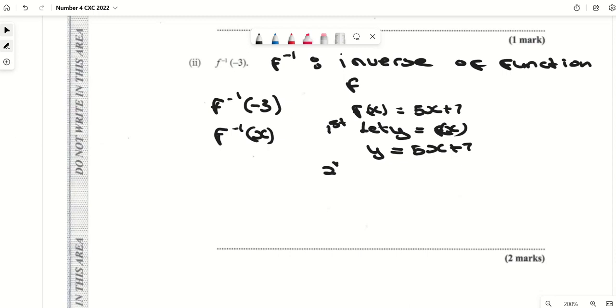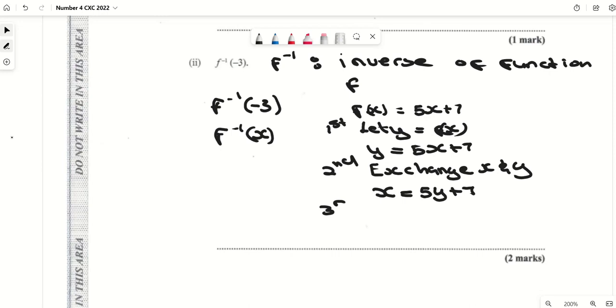The second step would be to exchange x and y. So wherever we see x, we're going to put y, and wherever we see y, we're going to put x. So it's going to be x is equal to 5y plus 7.